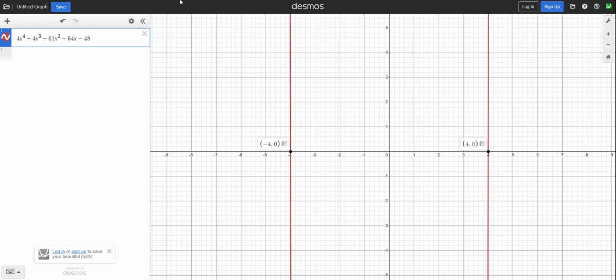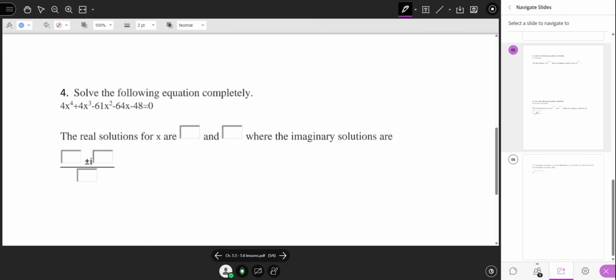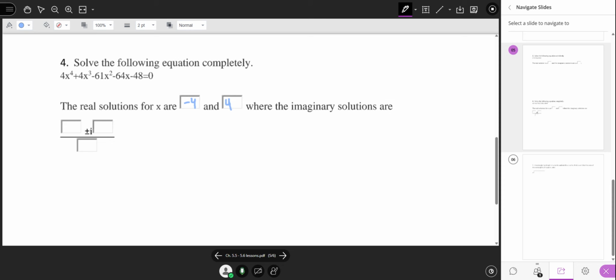Okay? Oh crap. So negative 4 and positive 4. Which means we want to do synthetic division. Because long division is really, really horrible.